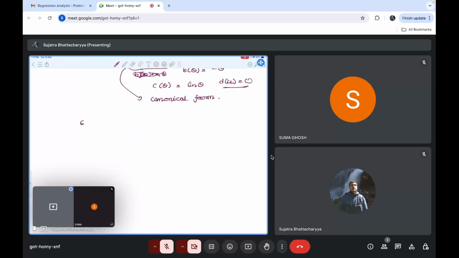And the last distribution, which is important, is the negative binomial distribution. So let's write about this negative binomial distribution.